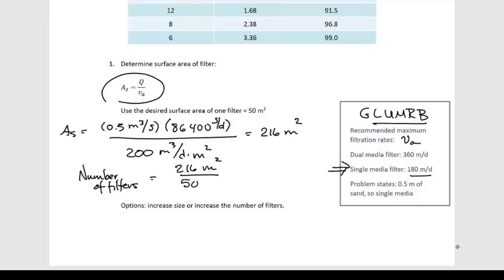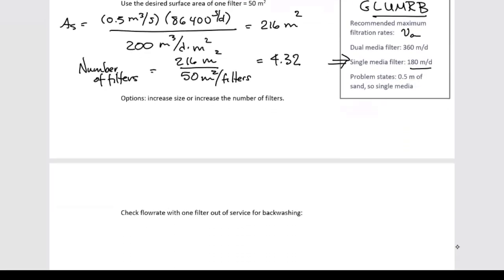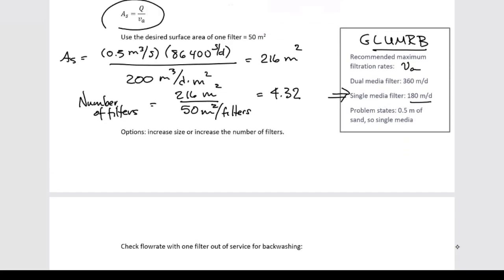Said the preferred filters are 50 square meters, and that gives me 4.32 filters. I can't have 4.32 filters. So what are my options?